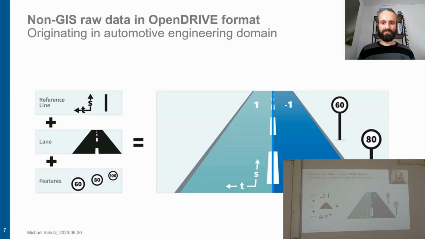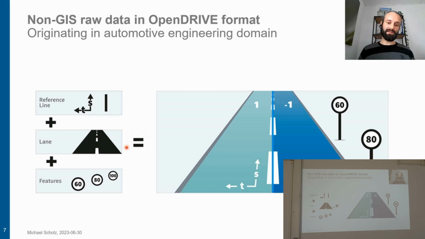The OpenDRIVE file format is pretty uncommon in the GIS world because it does not model geometries as we know them from simple feature world, where everything is a point, polygon, or a line string. Here in OpenDRIVE, we have a reference line, which is described through a cubic polynomial in space, and all other elements are described in relation to this cubic polynomial.